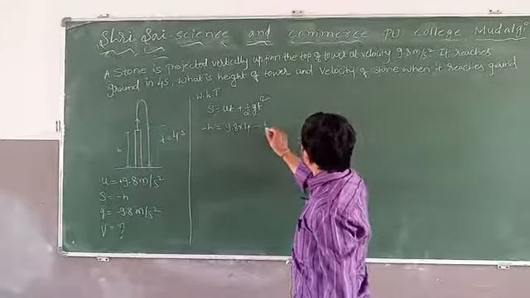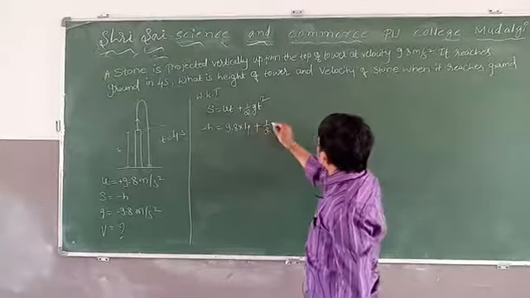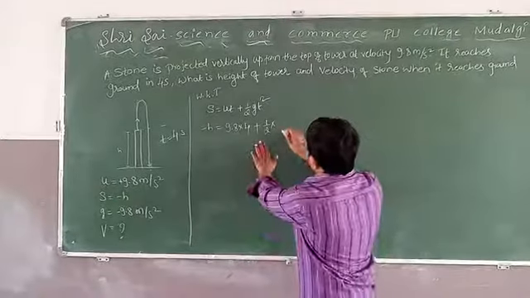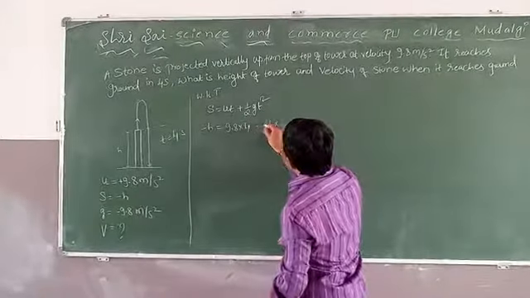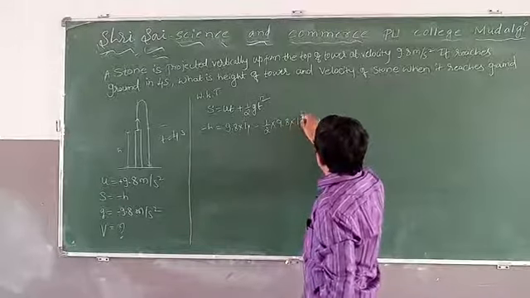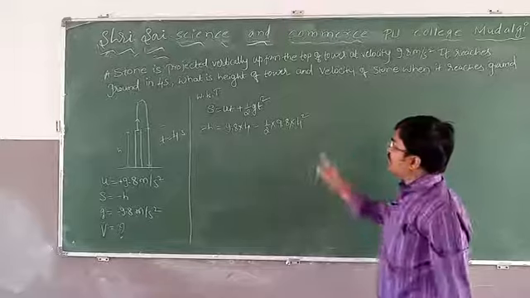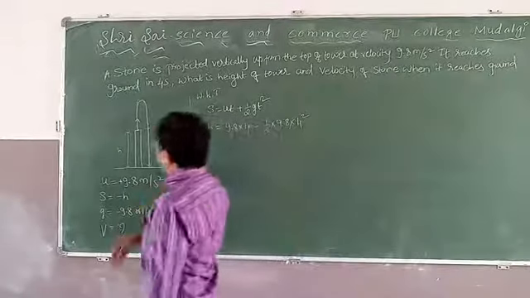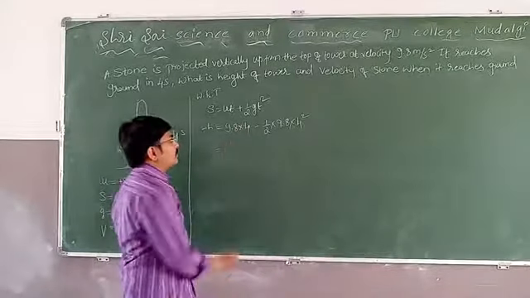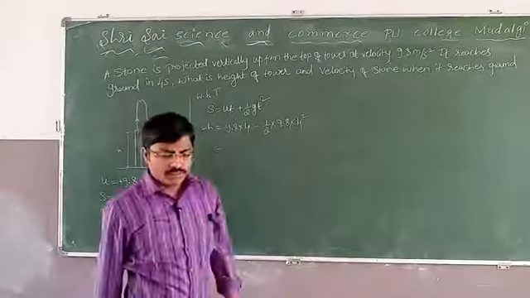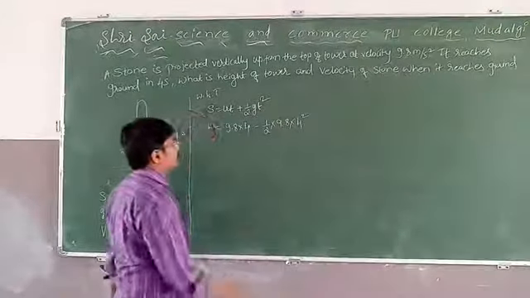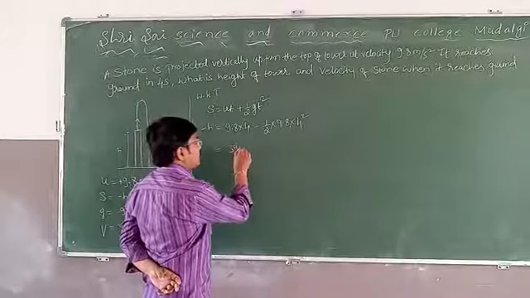Minus 1 by 2, actual plus is there, plus g value, g value minus 9.8, therefore this becomes a minus 9.8 into t square, which means 4 square, time is 4. Put all the values, you will get the height. 39.2.